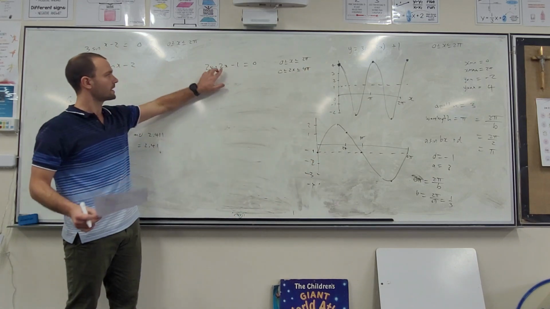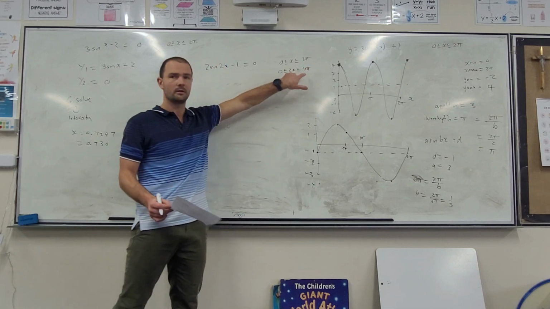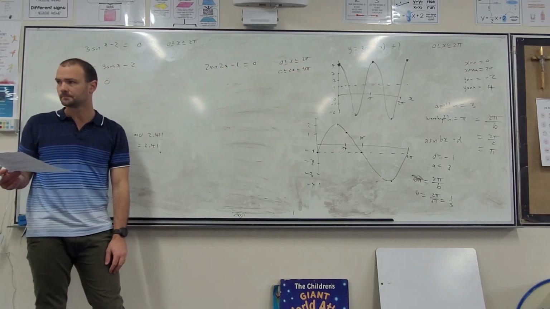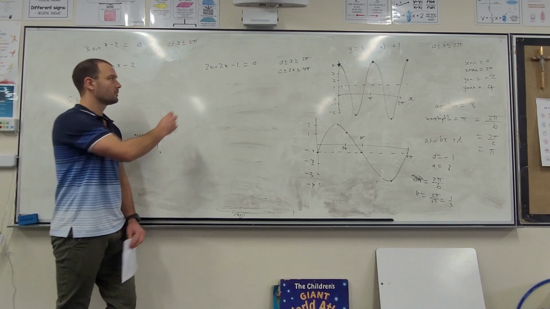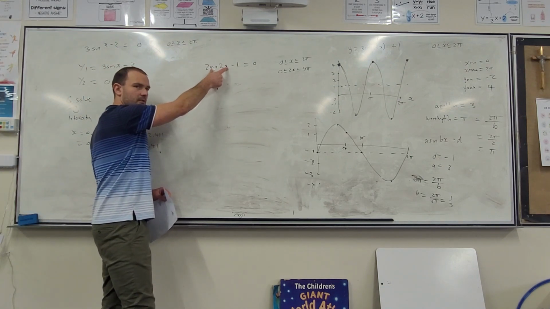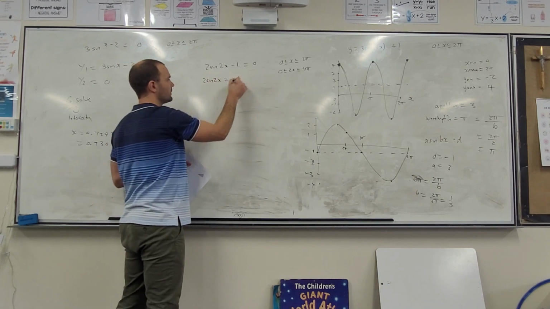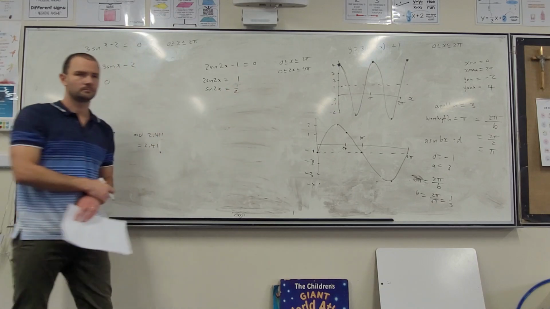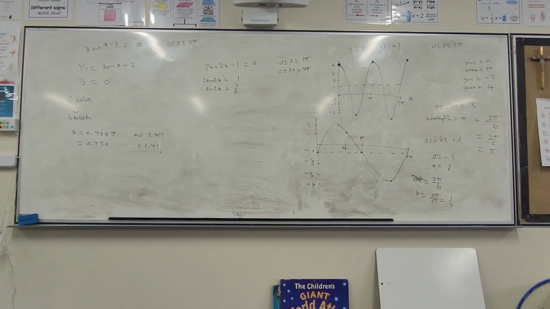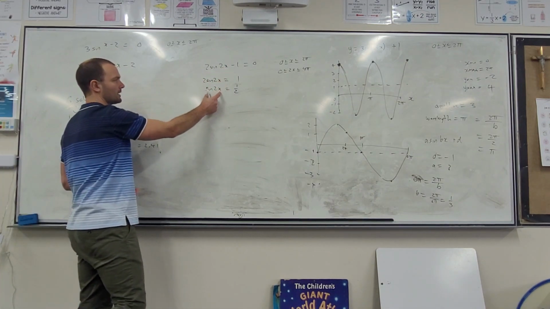I've taken that number 2 and multiplied the whole domain by 2. Next, we want to isolate sine of 2x by itself. So we're just solving a linear equation, trying to get this component by itself.